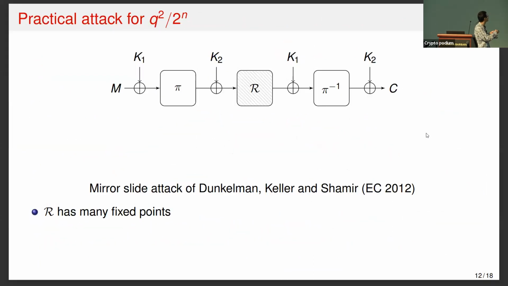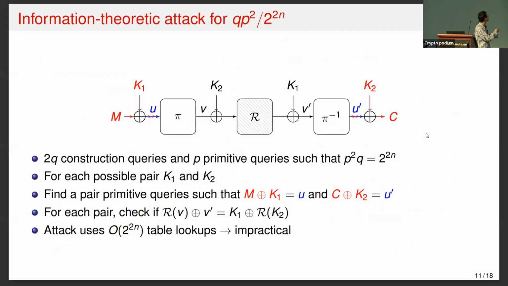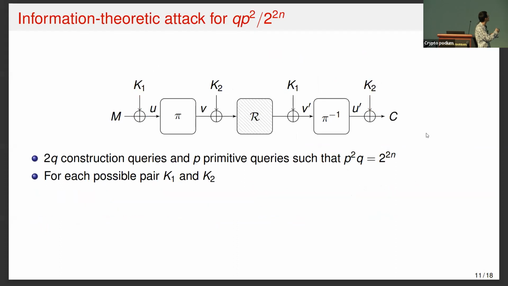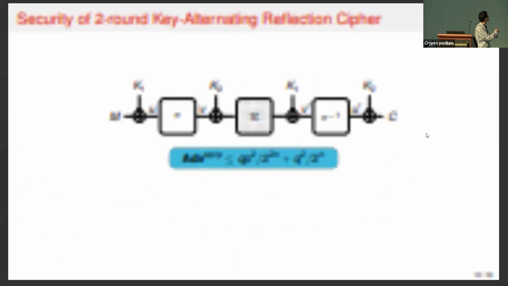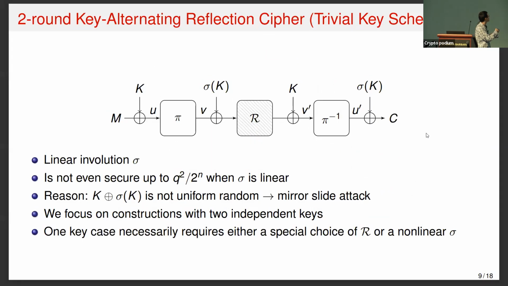Go back. Yeah, this one. So this thing is actually not uniform if sigma is a linear evolution. If we can use a nonlinear evolution, then we can choose one that probably has a better density. But the problem is that you will get problems with the sum capture lemma.